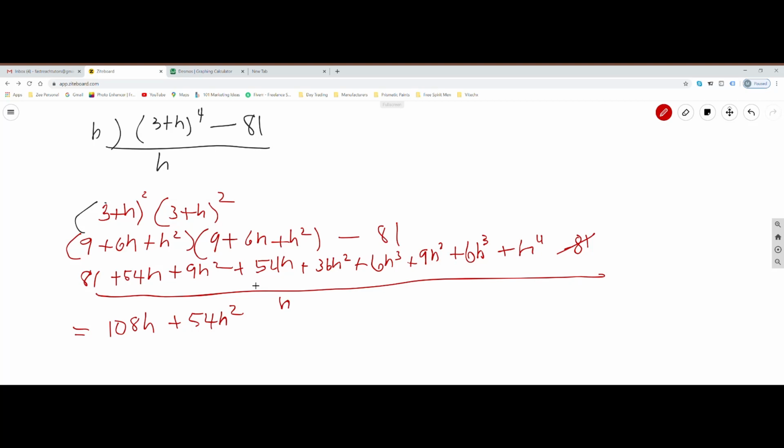And then that's h squared, and h cubed, there's 12, 6 plus 6.